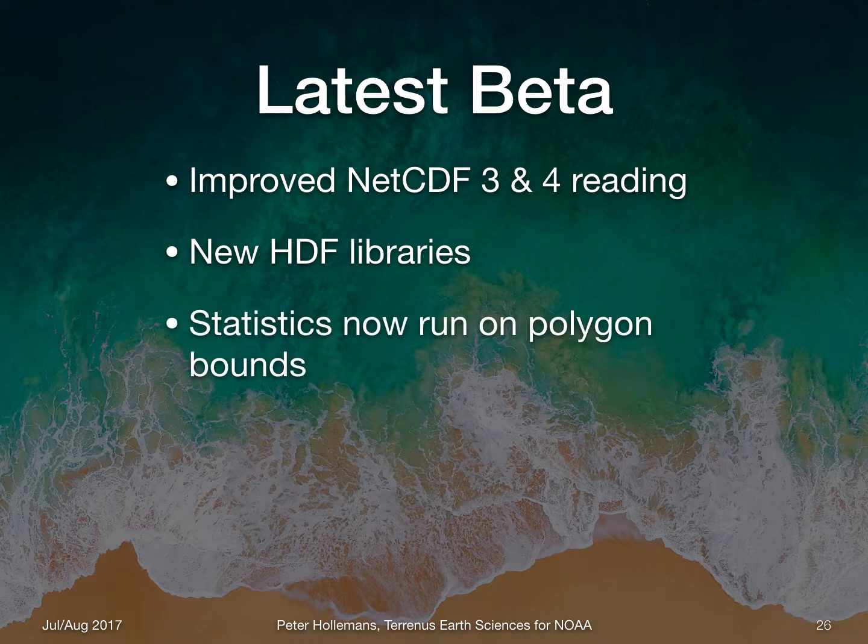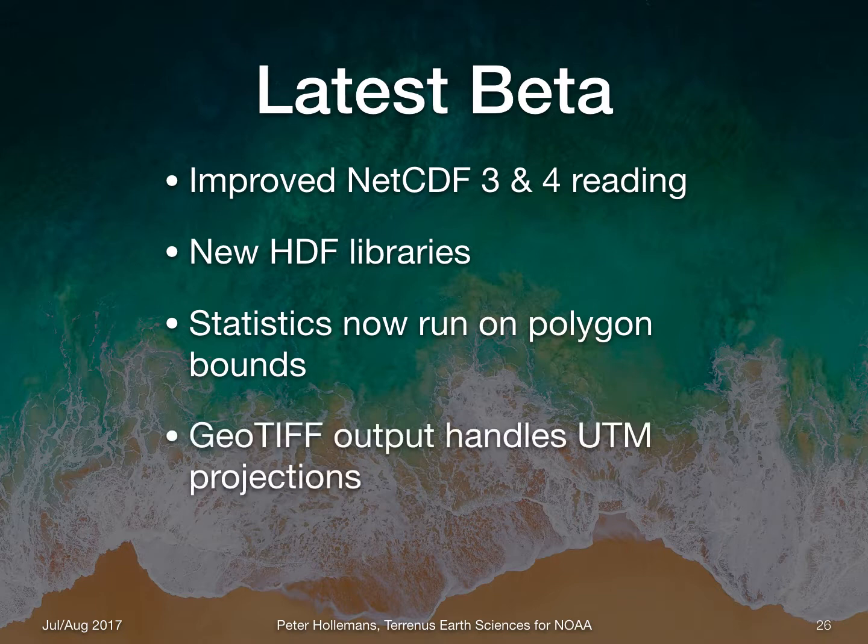We now have the ability to run statistics on polygon bounds in the command line statistics tool. We have improved the GeoTIFF output to handle universal transverse Mercator projection, and many bug fixes. Generally, the bug fixes are done on request and as the priorities allow for.